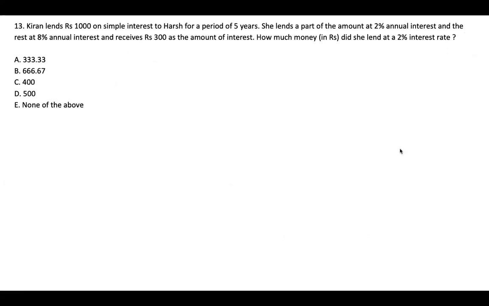Gautam, can you explain this question quickly? Yes, sir. Kiran lends ₹1,000 on simple interest to Harsh for a period of 5 years. She lends a part of the amount at 2% annual interest and the rest at 8% annual interest and received 300 rupees of interest.